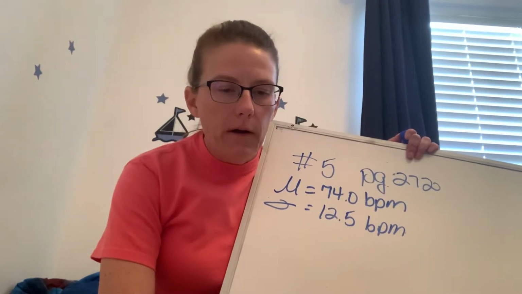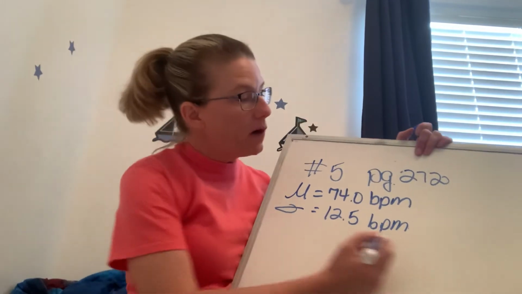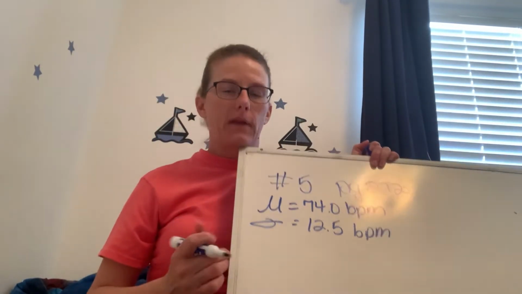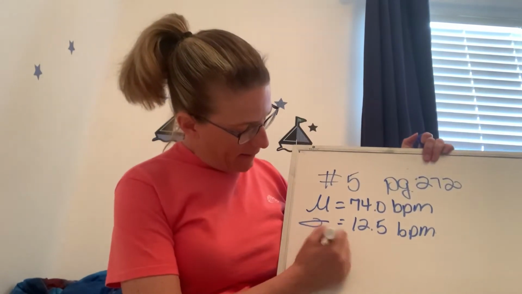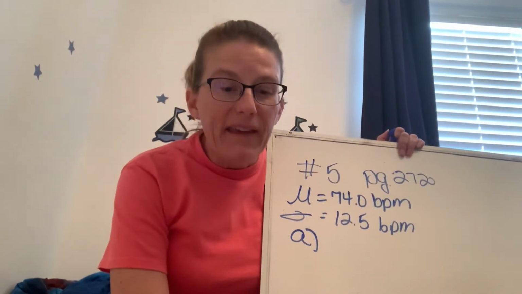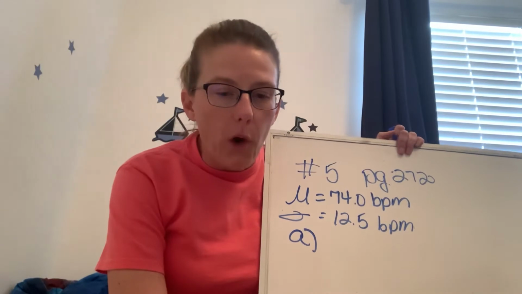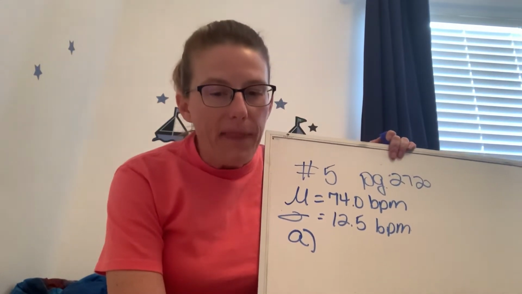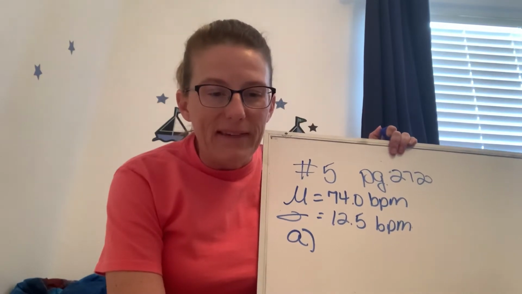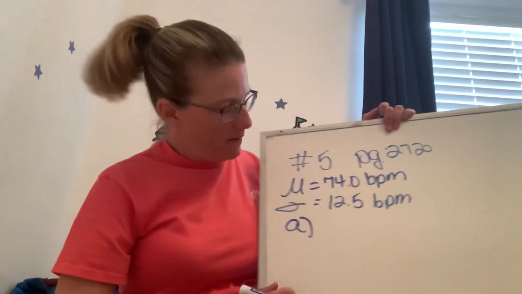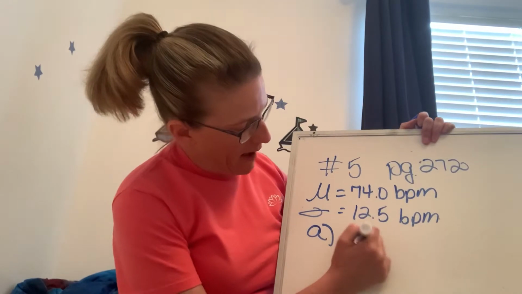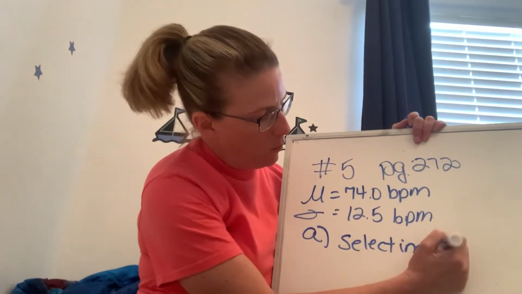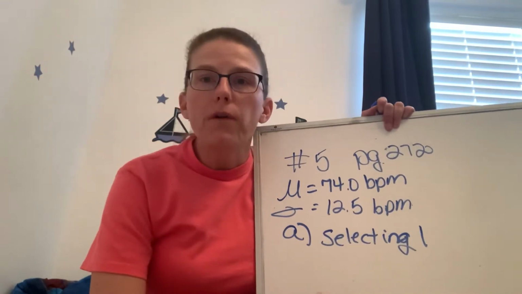Now, 5A, if you look at how the problem is worded, Part A says if one adult female is randomly selected, find the probability that her pulse rate is less than 80 beats per minute. So again, I'm selecting one, not more than one.